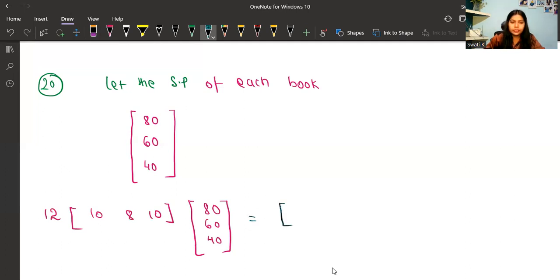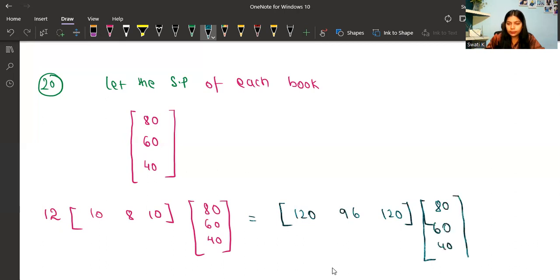So first of all, it is going to be 120, 96 and 120, which gives us the total price. And this is 80, this is 60, and this is 40.